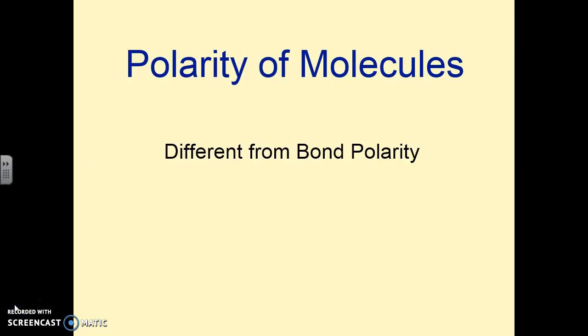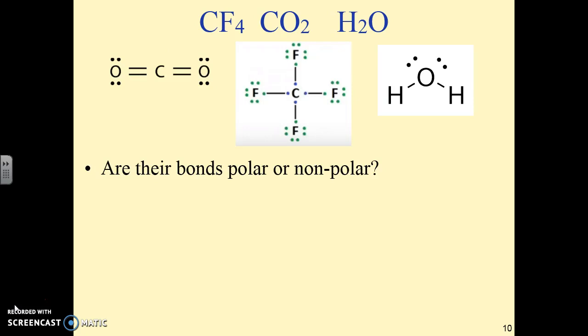Okay, we were just talking about bond polarity, when you have a bond between two atoms. The way you determine the polarity of larger molecules is different from bond polarity, and this is about symmetry of the molecule. So if we take a look at these three molecules, the bonds here are carbon bonded to oxygen, carbon bonded to fluorine, and oxygen bonded to hydrogen.